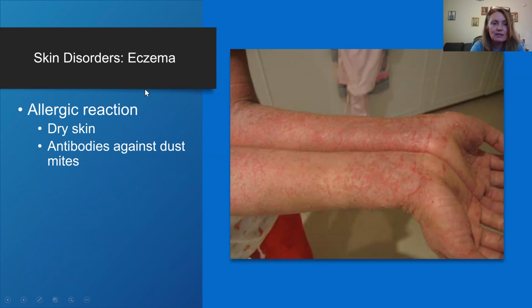Eczema. Eczema is actually an allergic reaction. It's dry and inflamed skin. This is where you produce antibodies against either some dust, maybe some mites. It can also be some food allergy that results in eczema. Some kids might have it, and it might be just temporary, and they get better with time.